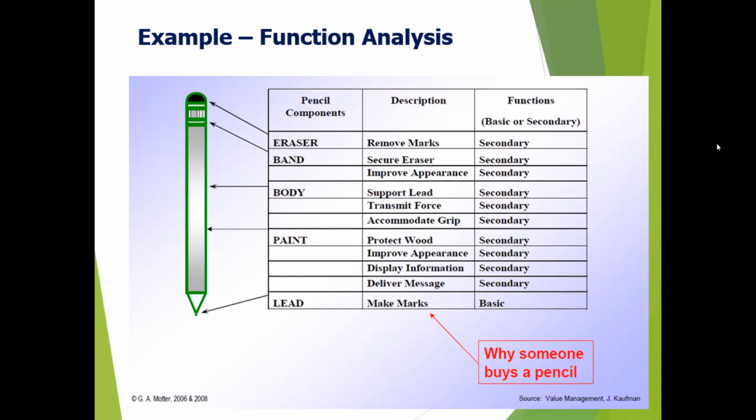If you are doing value engineering for a pencil, this is the way we analyze the functions from top to bottom, each and every element. What is its purpose? What does it do? Then classify whether it's a primary function, essential. If it is a secondary function, you ask the question whether it is essential.